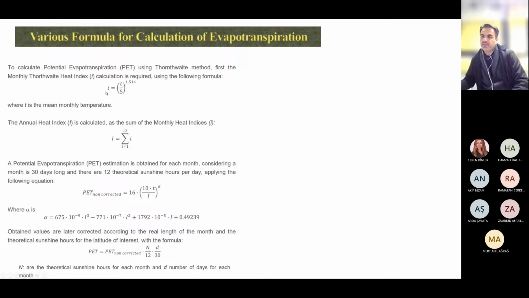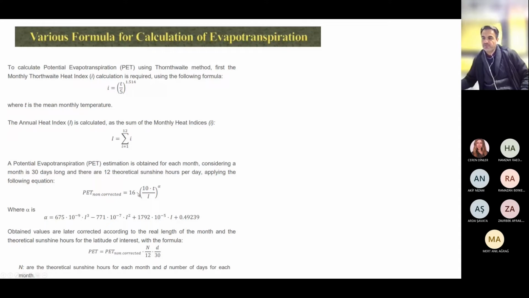The I is the monthly Thornthwaite heat index, which equals (T over 5) to the power of something, and T is the mean monthly temperature. And then, first we calculate I, then we modify I for the annual by summation of all the I's at each month. You see that I is a function of mean temperature. And then we use this formula to calculate PET.